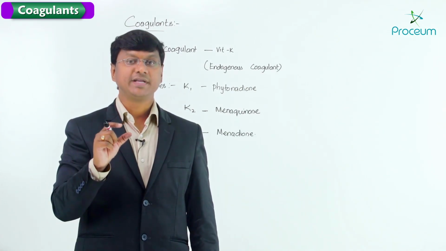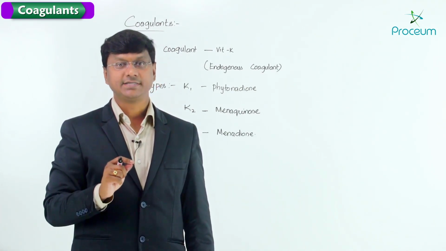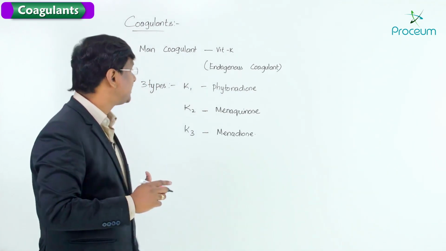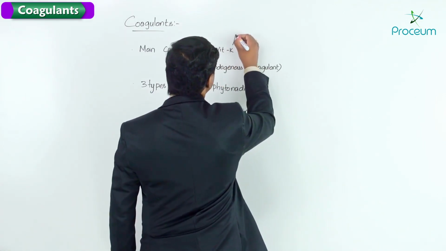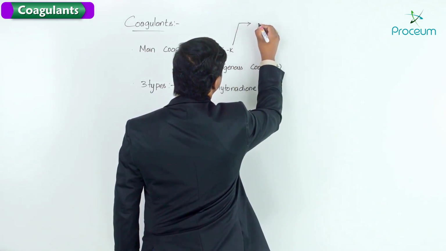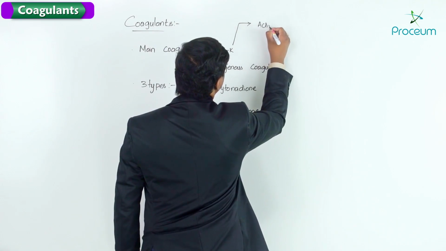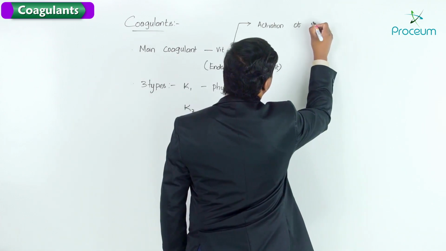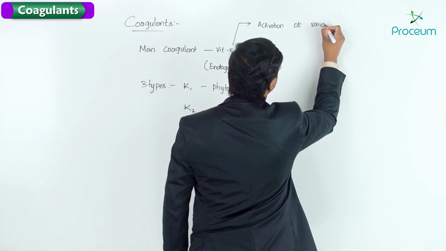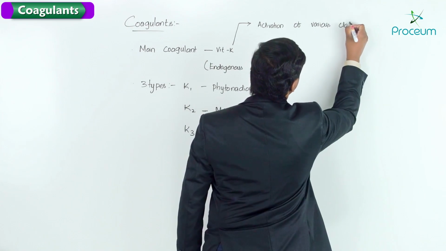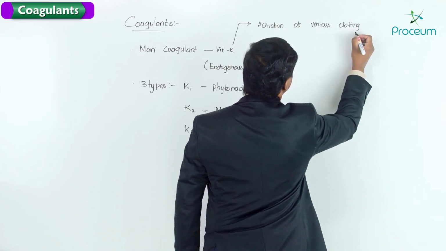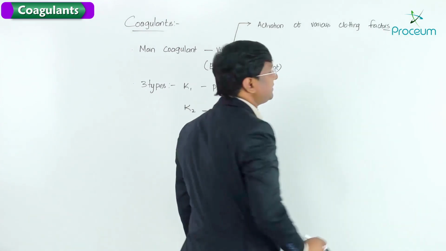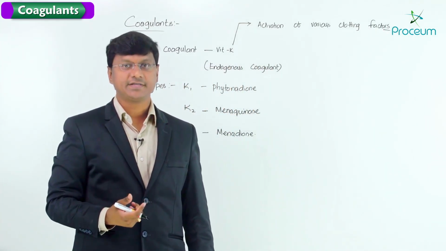Now why is this vitamin K called the coagulant? Because vitamin K is involved in the activation of various clotting factors. This particular vitamin K is required for activation of the various clotting factors.